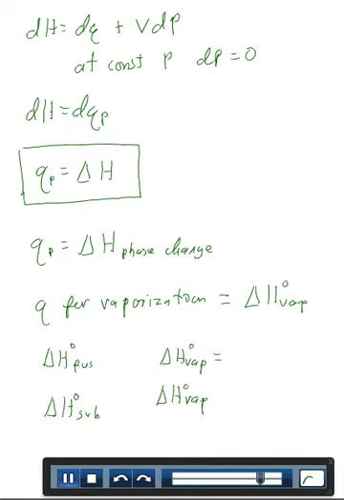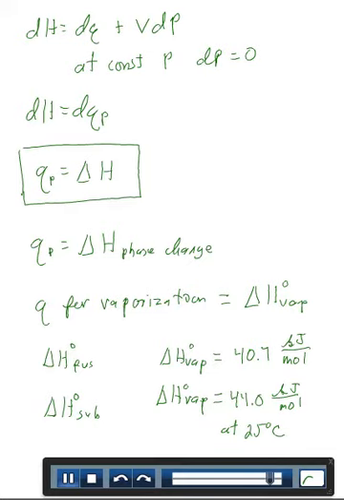We can find a value of 40.7 kilojoules per mole of water, and this is at the boiling point. We can also find a value in a table of 44.0 kilojoules per mole, and this is at 25 degrees centigrade.